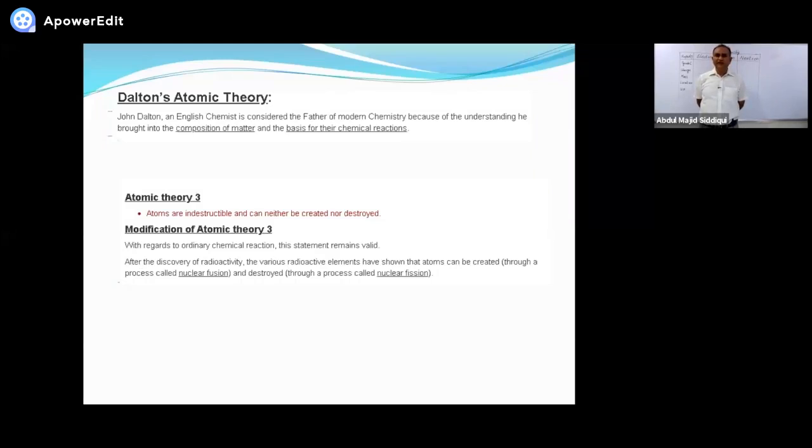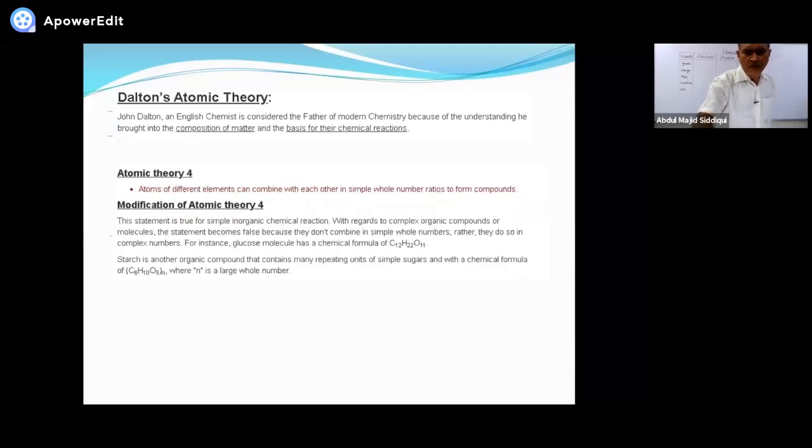So whatever is written in red, this represents Dalton theory, and whatever is written under the heading of modification of atoms, this is related with modern atomic theory, a correction of Dalton atomic theory. Okay? Read it at your home afterwards.